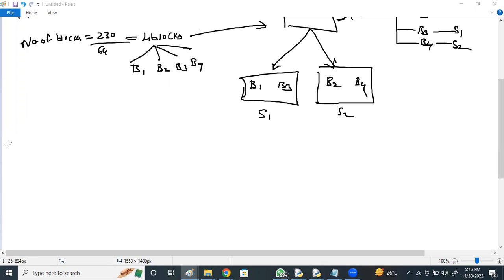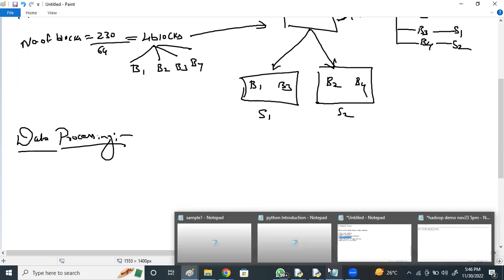For example, data processing. Generally, yesterday also a query was asked: why do I need to switch to big data, Hadoop or Spark?